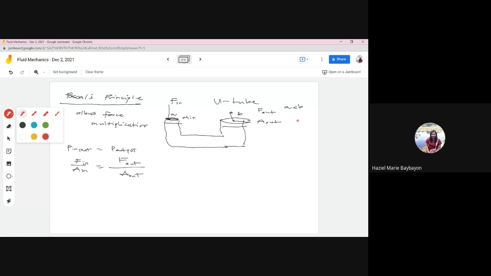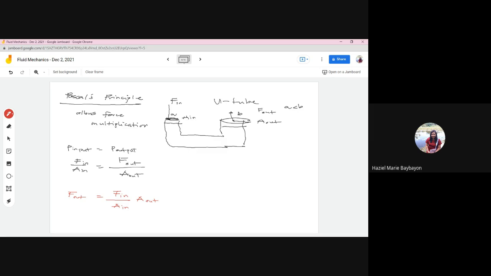Suppose we want to know the output force. We just have to manipulate this equation: F out is equal to F input over A input multiplied by A output.